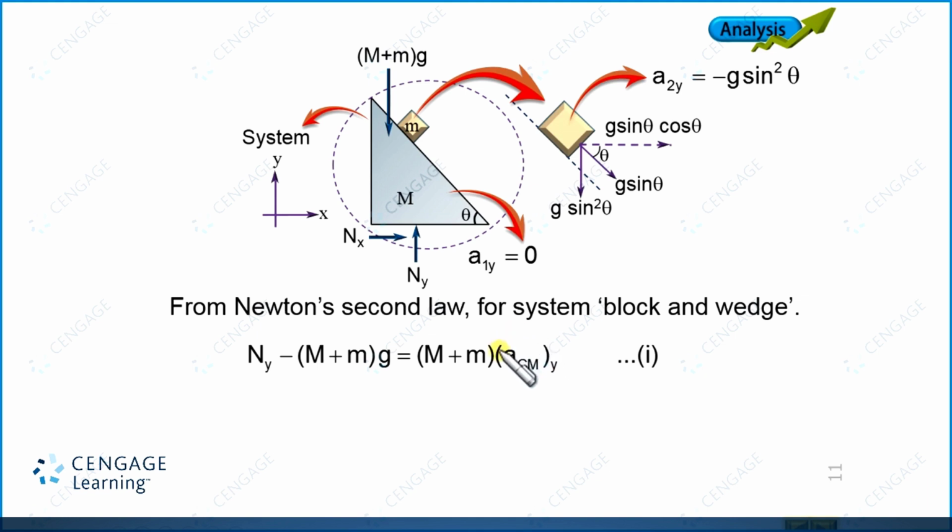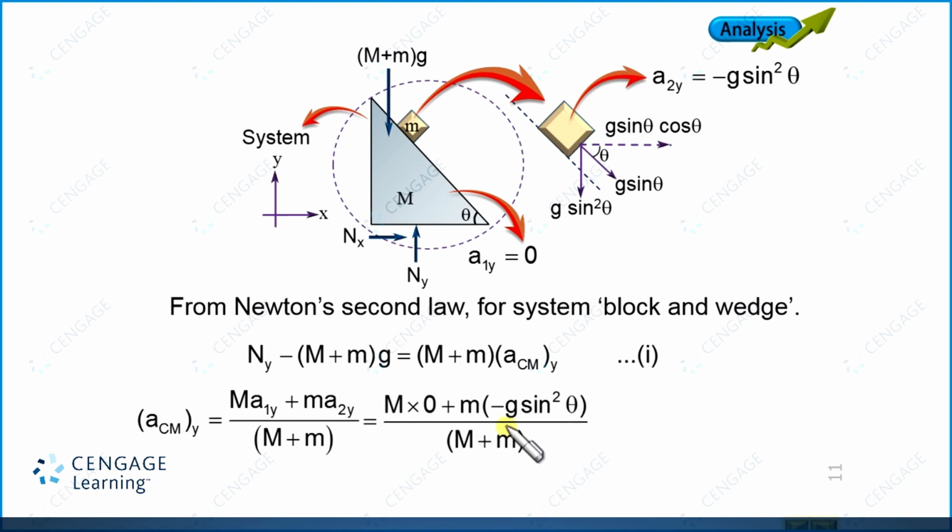Okay, this is ACMY. Now let us calculate the ACMY. ACMY includes acceleration of capital M in the y direction plus small m multiplied by acceleration of this block in the y direction, divided by total mass. And we have calculated this value equal to 0 and this value equal to minus g sine square theta. So let us substitute these values. This will be 0.